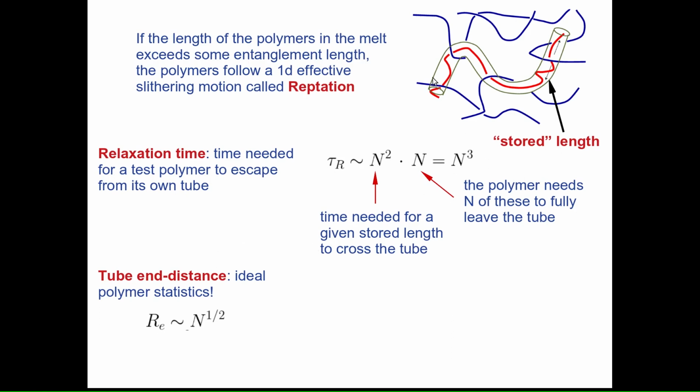The second thing is, we want to estimate the diffusion coefficient also. To estimate the diffusion coefficient, we do the same scaling reasoning. First of all, we want the end-to-end distance of a tube, and for that, it looks a little bit weird, we use the ideal polymer statistics.